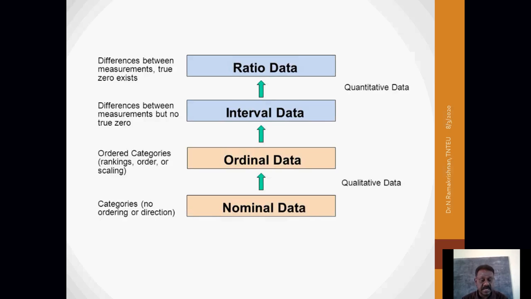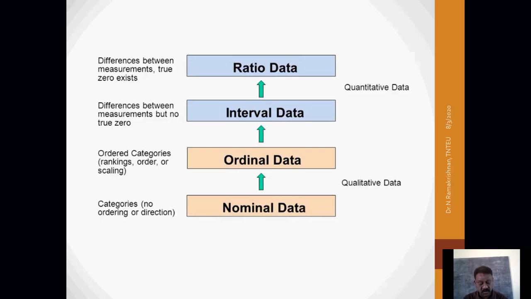And the ratio data, differences between measurements where a true zero exists. For example, a person is getting salary 15,000, another person is getting salary 25,000, and you are comparing, giving a ratio. Suppose A is getting salary 30,000 per month, B is getting salary 15,000 per month. You can give a ratio because both of them start from zero. That's why they have a true zero.